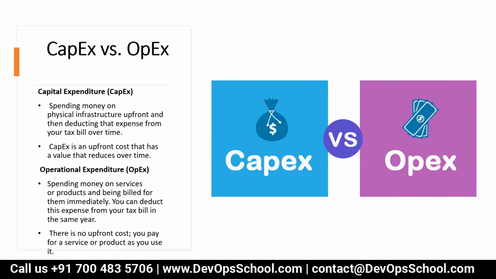Let me give you a simple example. If you want to open a college, how are you going to open it? First, you need to purchase the land. Then you are going to construct the building. So before starting your actual job, you are spending the money.